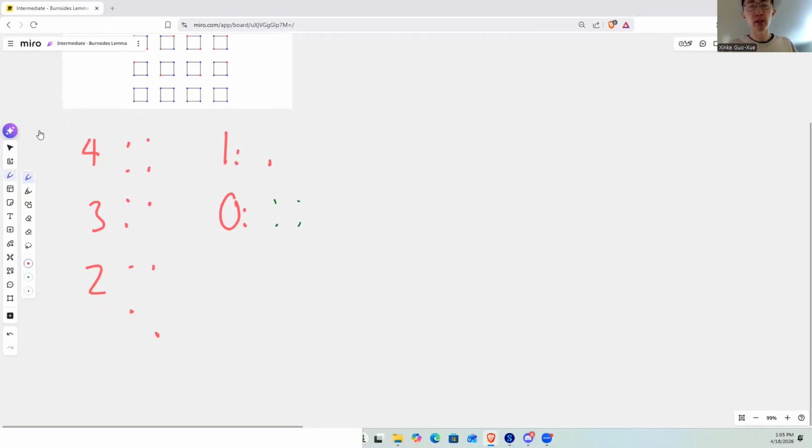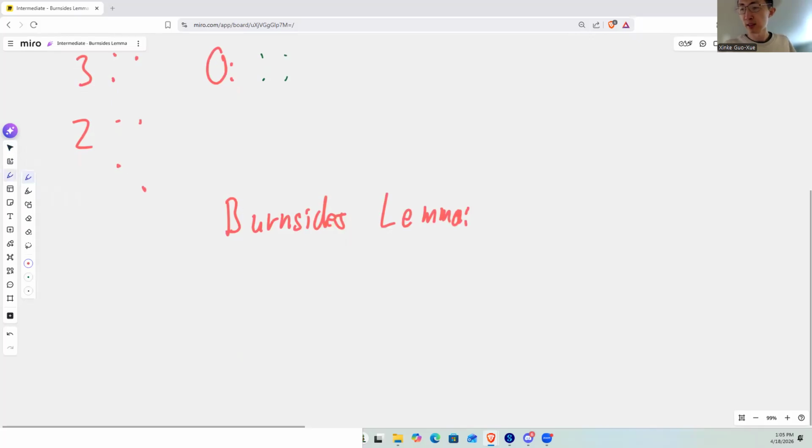So, Burnside's lemma, or also the lemma that is not Burnside's because everything is not named after the right person. Burnside's lemma says that the number of different orbits is equal to the average number of fixed points.